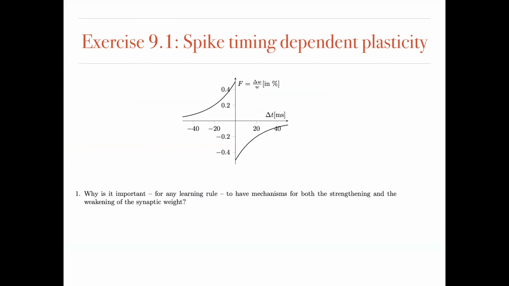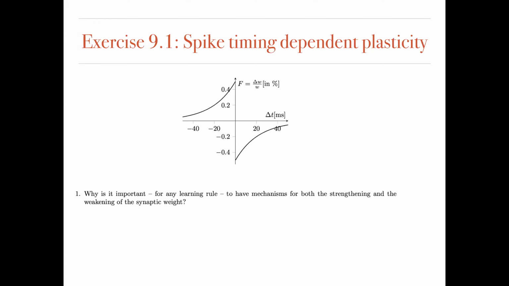Exercise 1 was about spike timing dependent plasticity, and you were given this plot, on which the x-axis shows delta t between a pre and a post synaptic event. A negative time in milliseconds means that the presynaptic spike arrives before the postsynaptic spike, and a positive value means that the postsynaptic spike is before the pre.